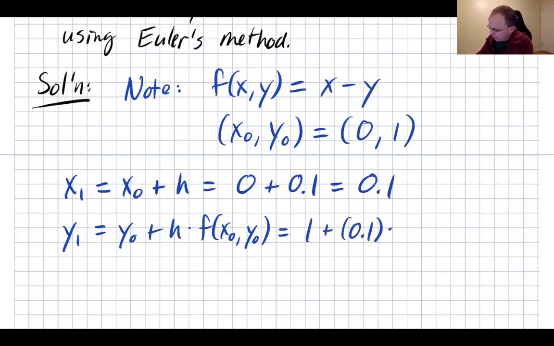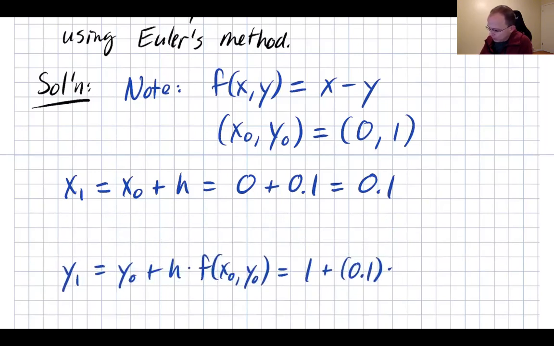It might be helpful to calculate f of x naught, y naught separately. So we'll call that m naught equals f of x naught, y naught.